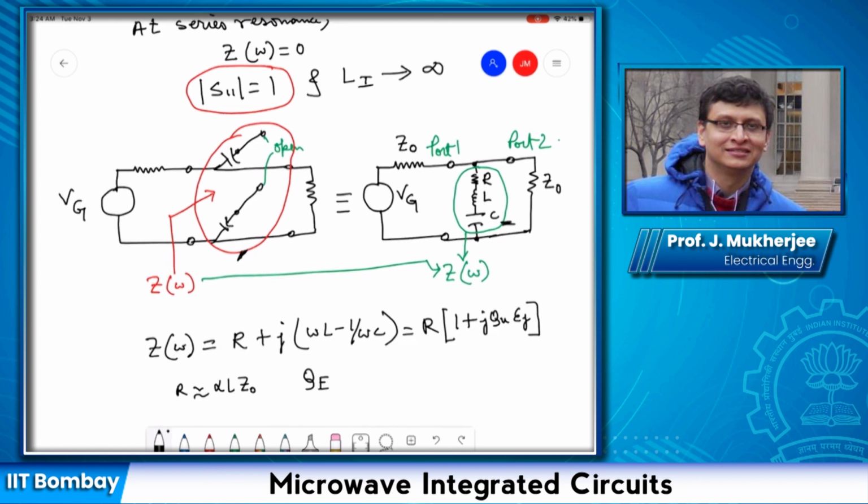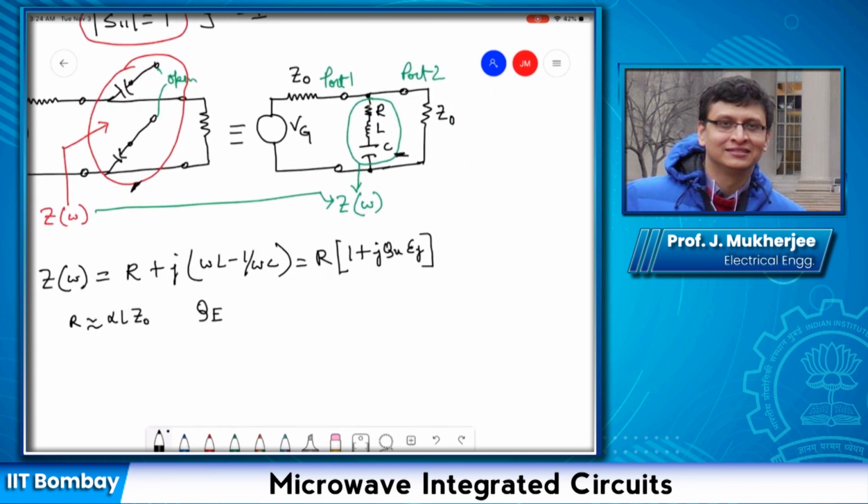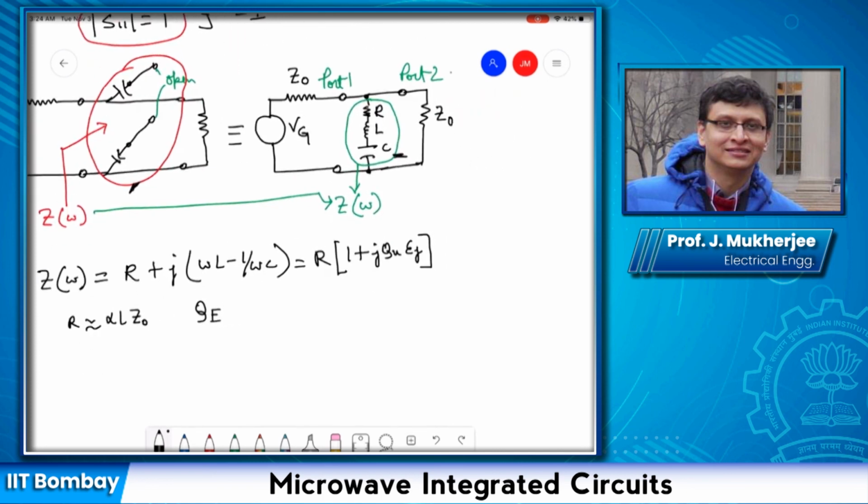To find out the QE, what I do is I short this generator and see what is the external loading. If I short that generator, my circuit will become like this.